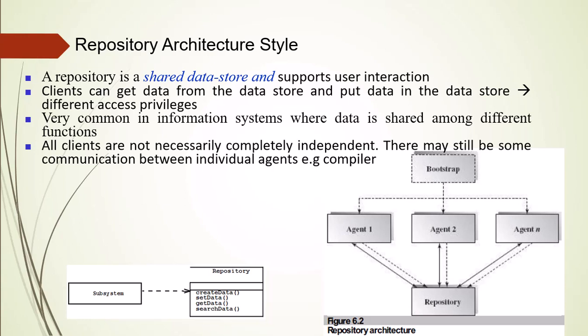So here this is a repository, which is a centralized data store, and all the agents are given rights to store their data in the same repository or database, and end users connect to agents through the front end graphical user interface.